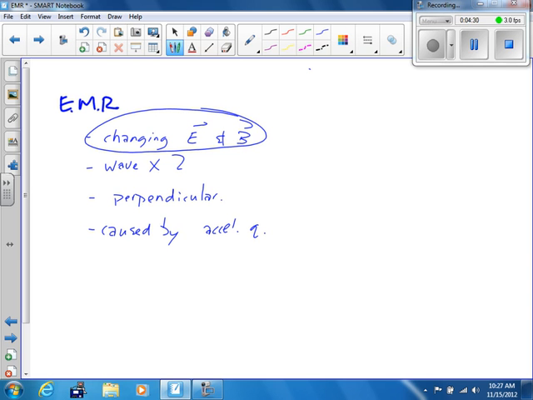Well, unless there's something there to replace it, it disappears, right? It's gone. The energy moves along with the wave. The only way that we can keep a continuous wave is if we have this constantly accelerating charged particle to produce more wave to take the place of the part of the wave that was just, in a sense, destroyed as it produced more. Does that make some sense? All right.